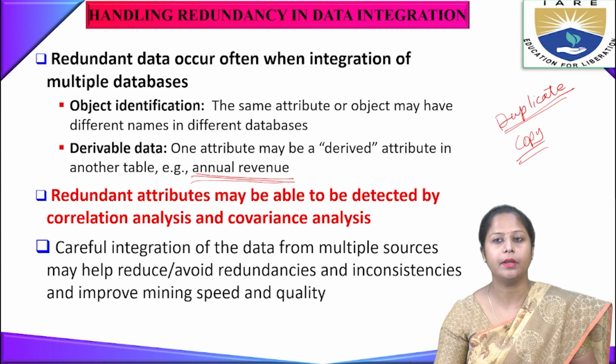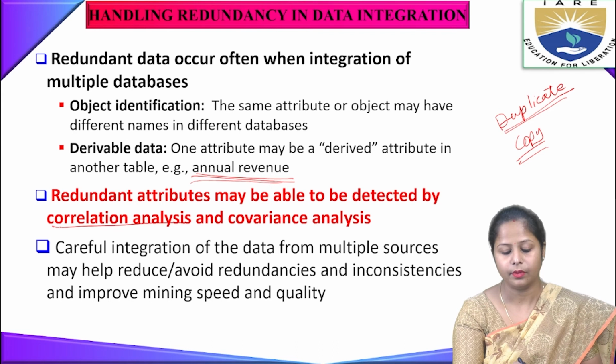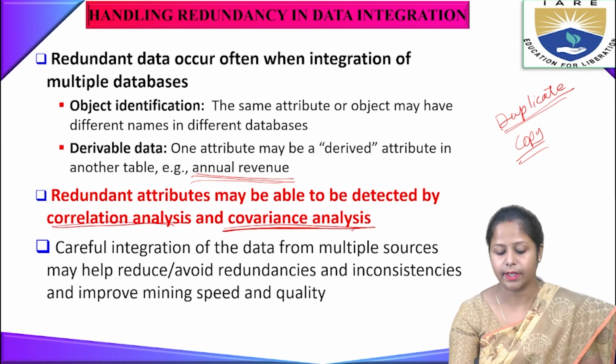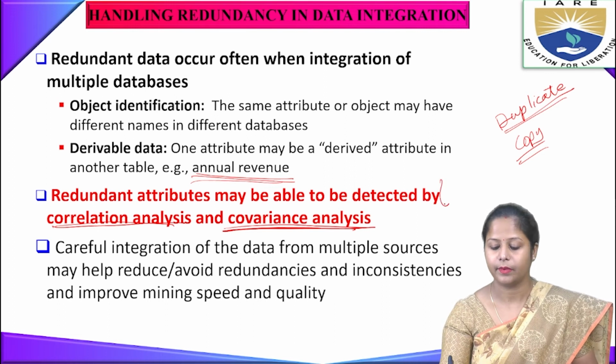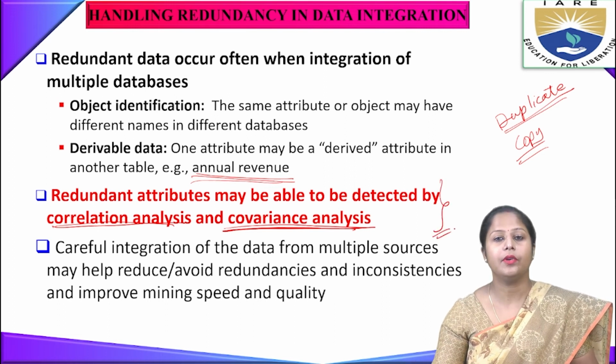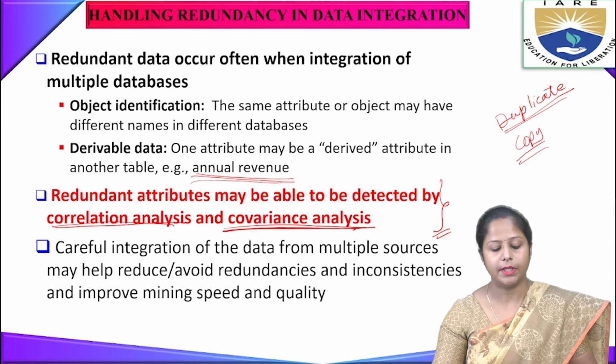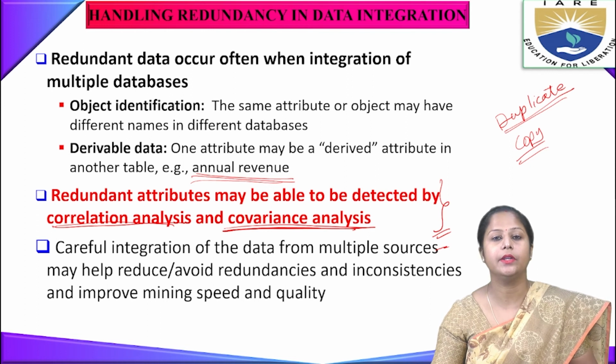Redundant attributes may be detected by correlation analysis and covariance analysis. These are the two methods to detect that type of redundant data accurately. Careful integration of data from multiple sources may help reduce and avoid redundancy and inconsistency, and improve mining speed and quality.